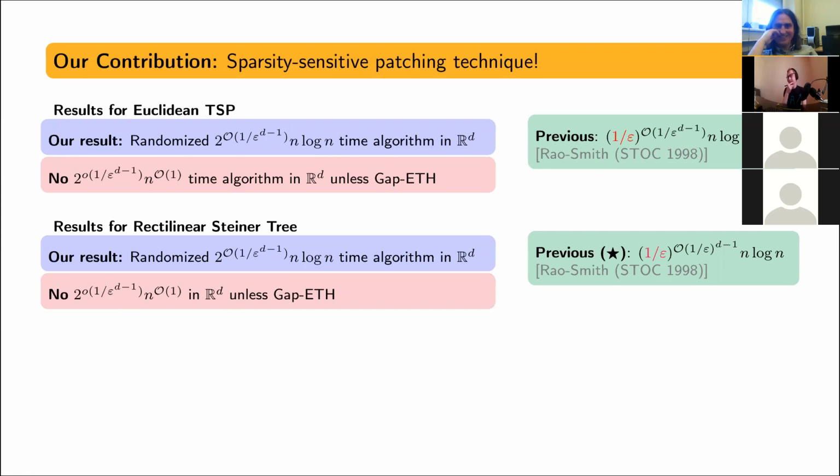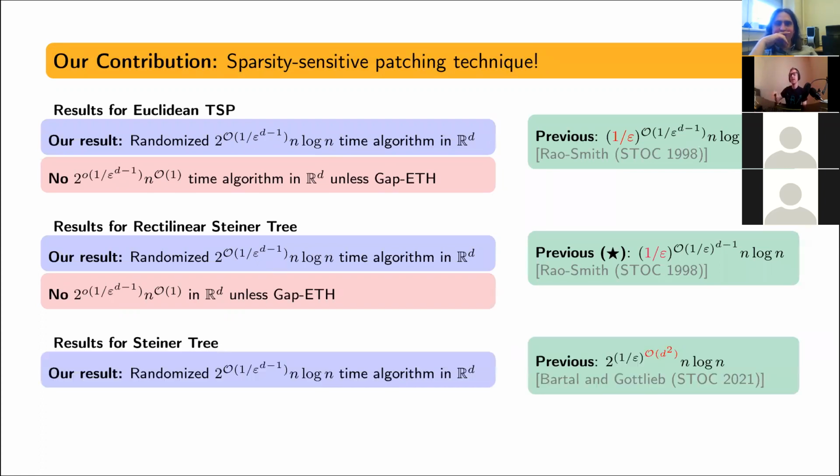And for the normal Steiner tree, we give a 2 to the 1 over epsilon to the d minus 1 n log n time algorithm. And the previous algorithm that was claimed was by Rao and Smith. And they also claimed that the results worked for rectilinear Steiner tree and for Steiner tree.